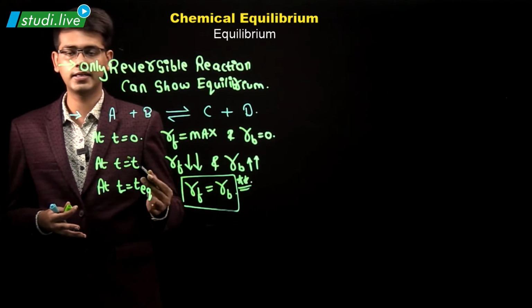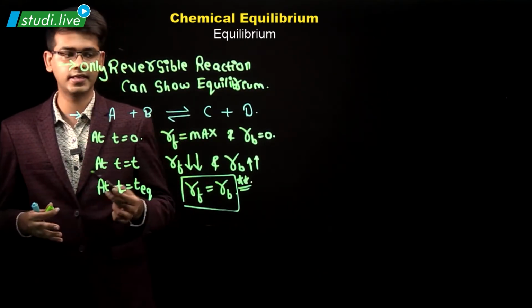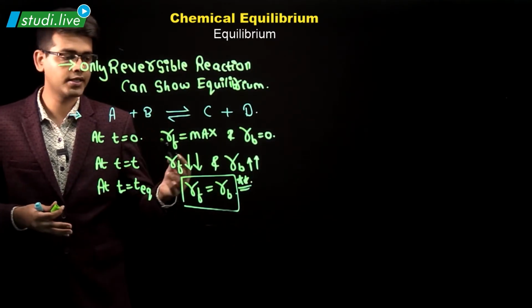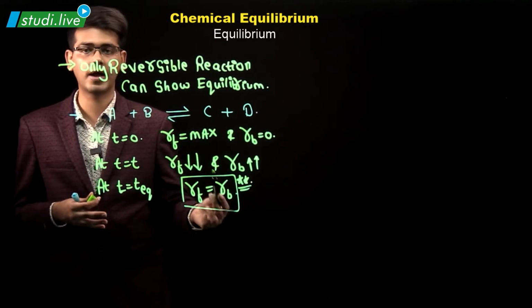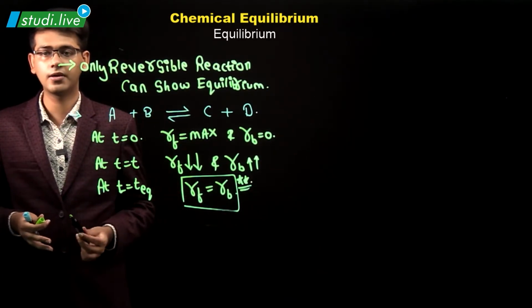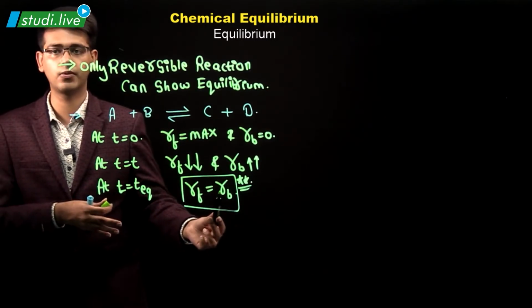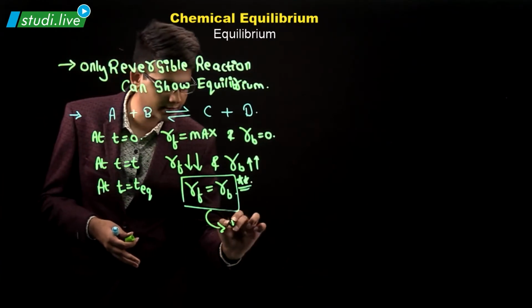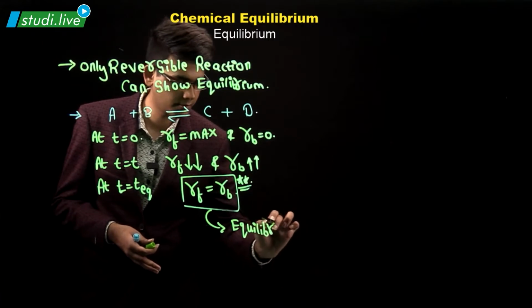We can clearly see that at t equal to t, the rate of forward reaction is decreasing and the rate of backward reaction is increasing, and slowly a point will come at which the forward and backward reaction rates become equal. That point is called the equilibrium point.